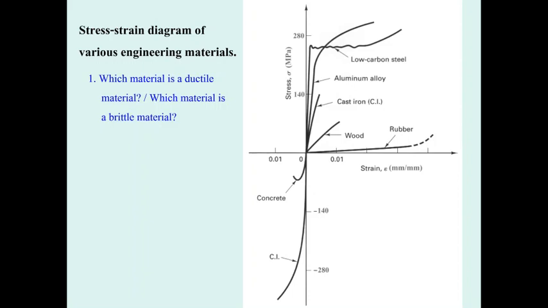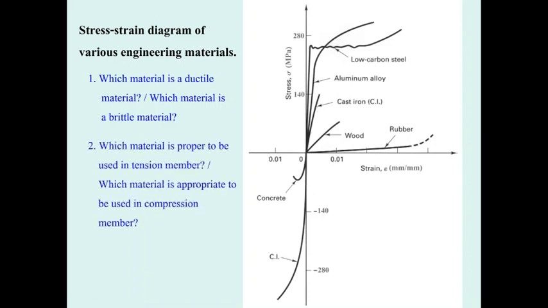Okay. Anyway, the ductile material is supposed to deform a lot. That means the low carbon steel is ductile, the aluminum is ductile, the rubber is ductile, and the cast iron is the brittle material. Which material is proper to be used in a tension member? Okay, for sure, the aluminum and the cast iron are good to be used in a tension member.